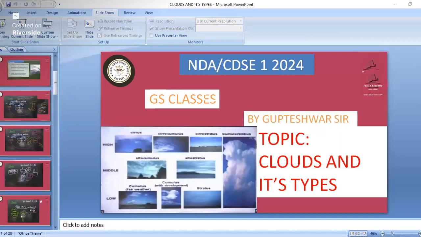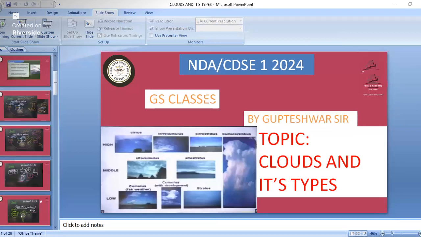Then clouds are so low that they seem to touch the ground. Nimbus clouds are shapeless masses of thick vapor. You'll be seeing all those dark types, so they'll be looking dark gray in color. Then this is about the stratus clouds.